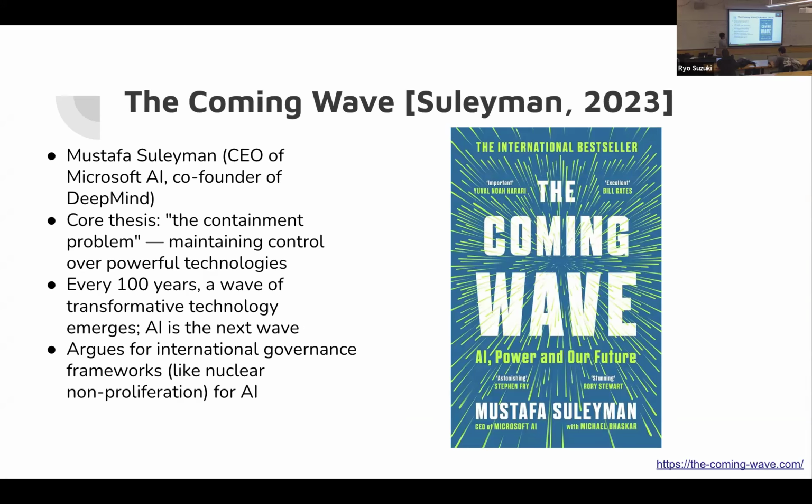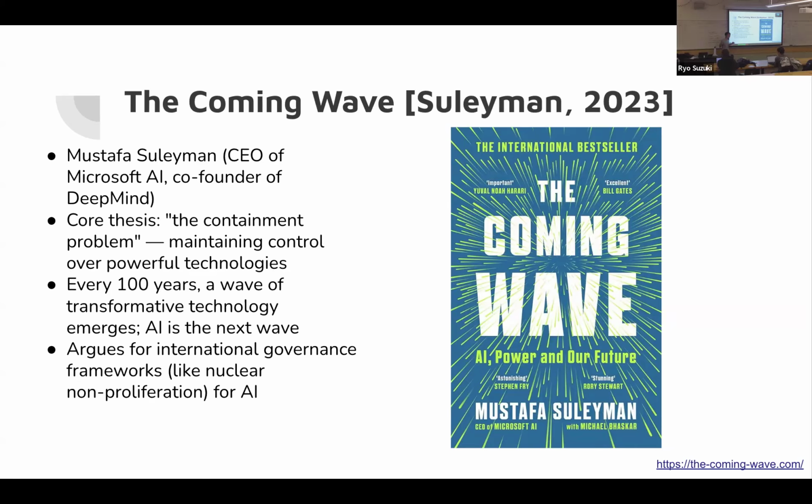And also The Coming Wave. This was a book from Mustafa, the Microsoft AI CEO. This book is also interesting about how the AI revolution is not only a single wave, but a combined wave between biotechnologies, neuroscience, AI, and also material science.